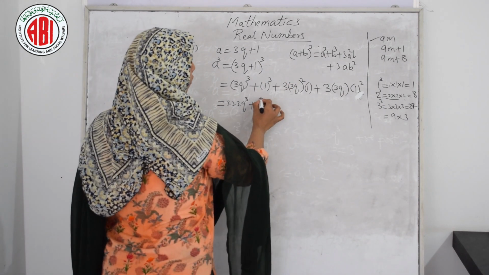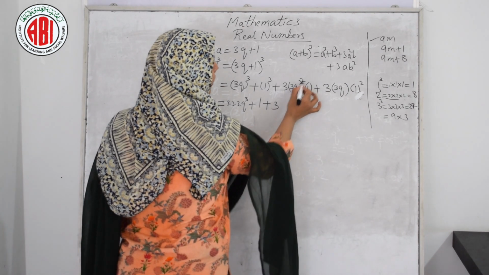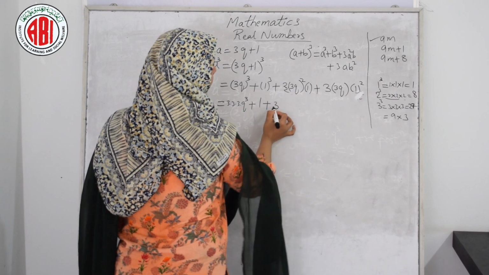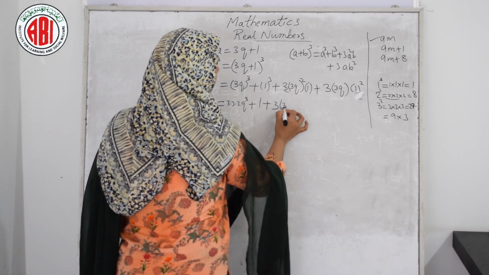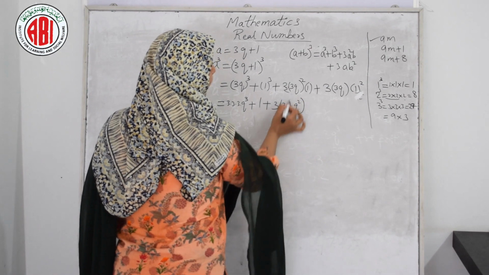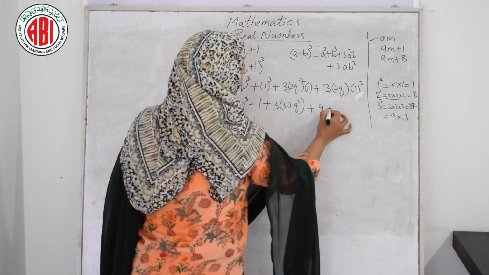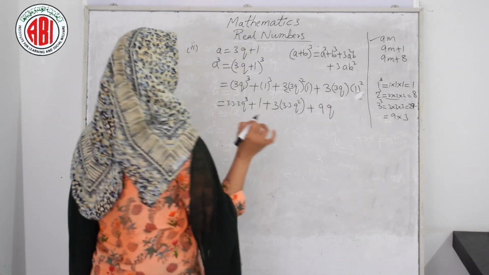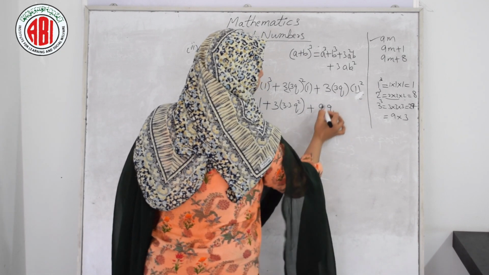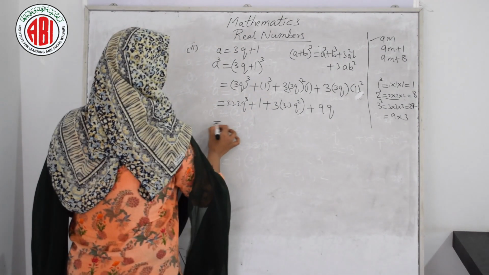1 1 1 1, plus 3, again square is there. 3 ones are 3, 3 square means 3 into 3 q square. I am splitting this 3 into 3 plus here 3 into 3, 3 3 is 9q. 1 square is 1, so 3 ones are 3, 3 3 is 9, 9 ones are 9q.